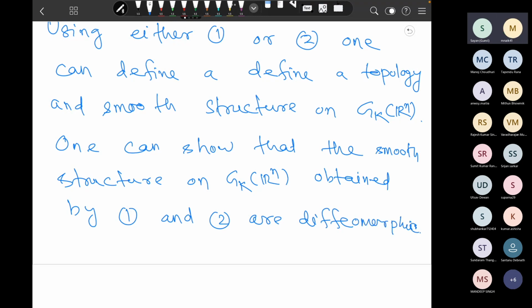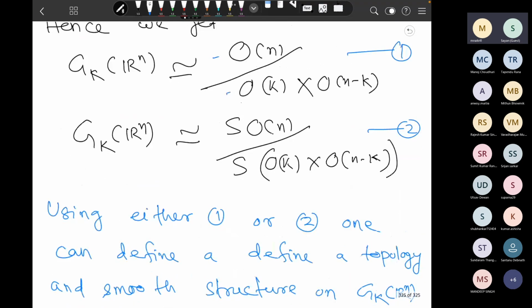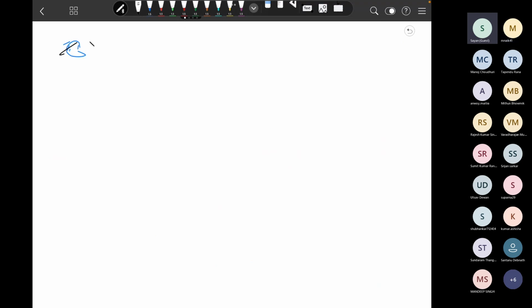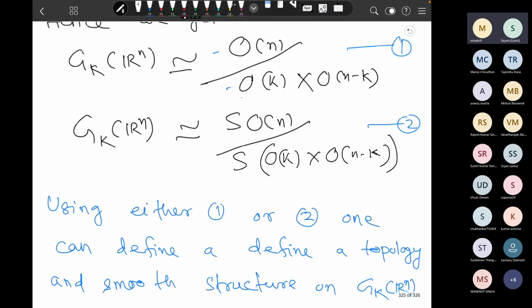Now from condition 2, we have an observation.